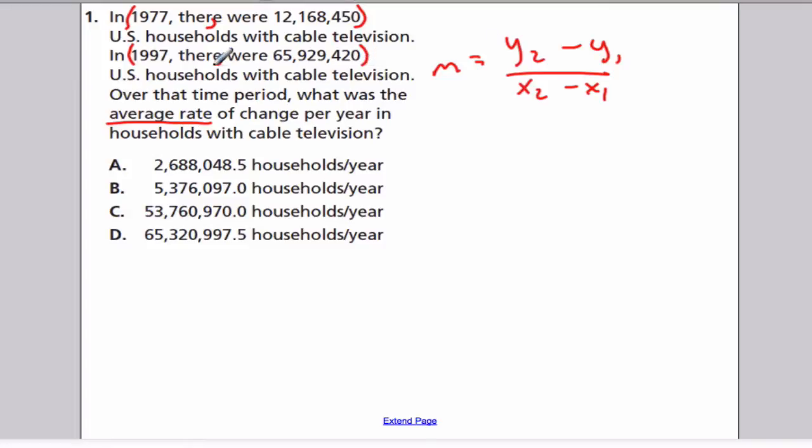That's your second coordinate. Now we just need to fill these in. Your first numbers are your x's, your second numbers are your y's, and you just need to decide which one's your first set of data and which one's your second set of data and stay consistent. My first set of data will be the 1997. I'm going to start with that, but it's the y's over the x's.